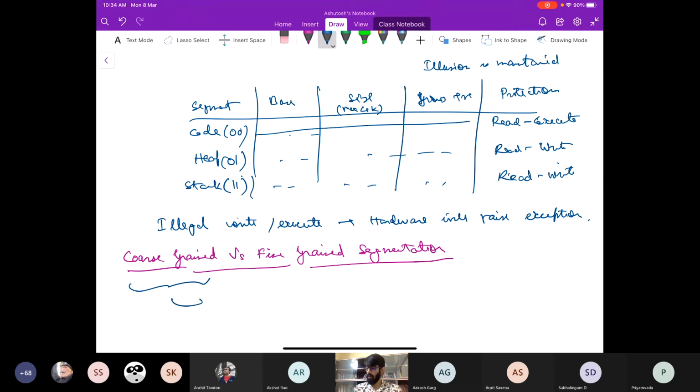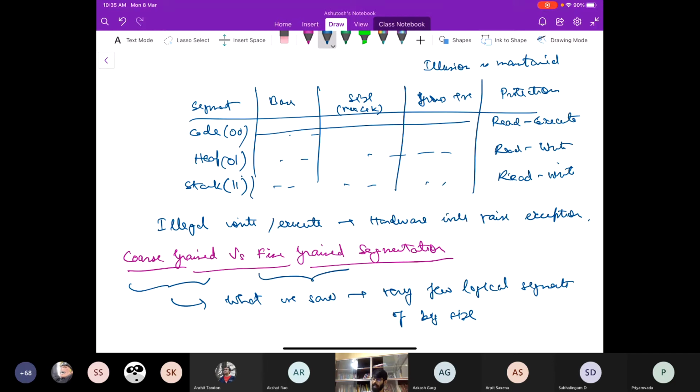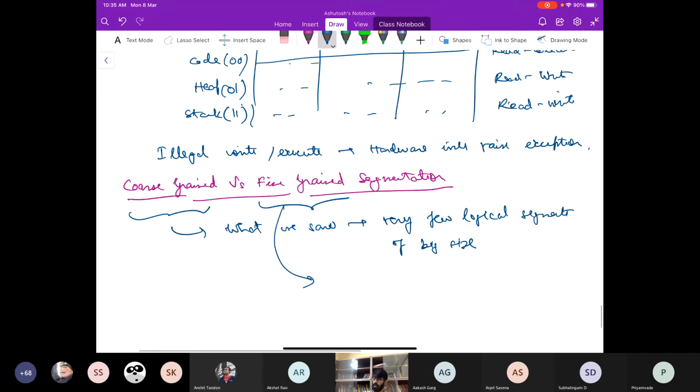Coarse-grained, what we saw, is very few logical segments of big size, big as compared to the address space of the process. And what is fine-grained? Fine-grained is going to be many segments of small size.